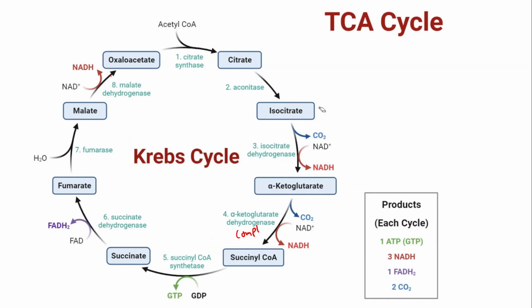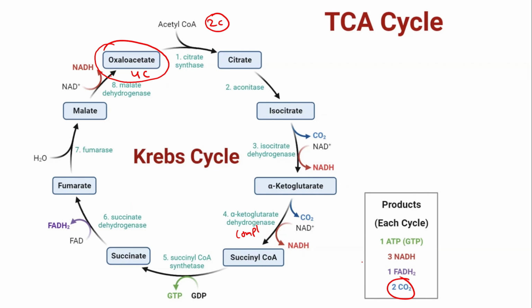Out of these 8 enzymes, before that, look at oxaloacetate. Oxaloacetate is a 4-carbon molecule. Acetyl-CoA is a 2-carbon molecule, and these are the 2 carbons which we are releasing. In the very first reaction, you combine acetyl-CoA with oxaloacetate to make citrate.